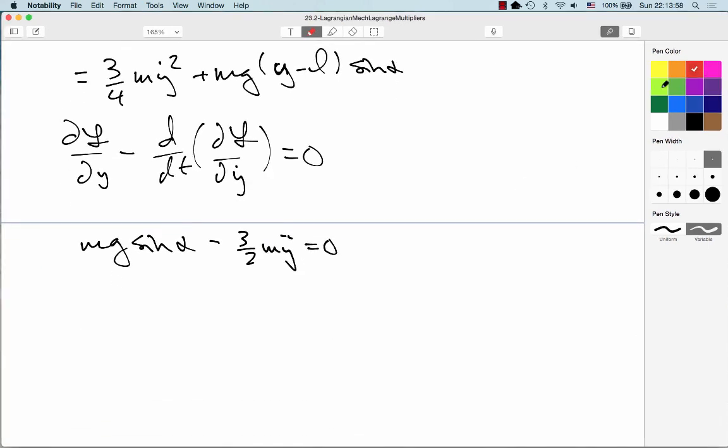And once again, we can cancel the m's. And we are left with y double dot equals 2/3 g sine alpha. And we just go ahead and integrate twice, just like we did before. So that's a heck of a lot faster.